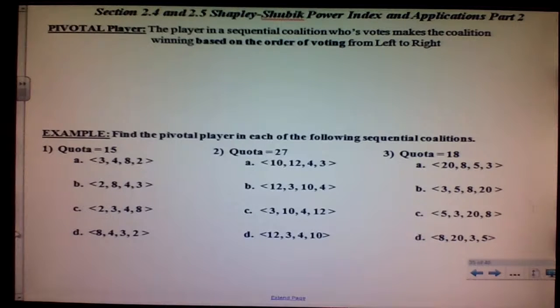Total coalitions have what we call a critical player. Sequential coalitions have what we call a pivotal player. This is the player in a sequential coalition whose vote makes the coalition win, based on the order of voting from left to right. Once you list your sequential coalitions, you are going to start at the left.